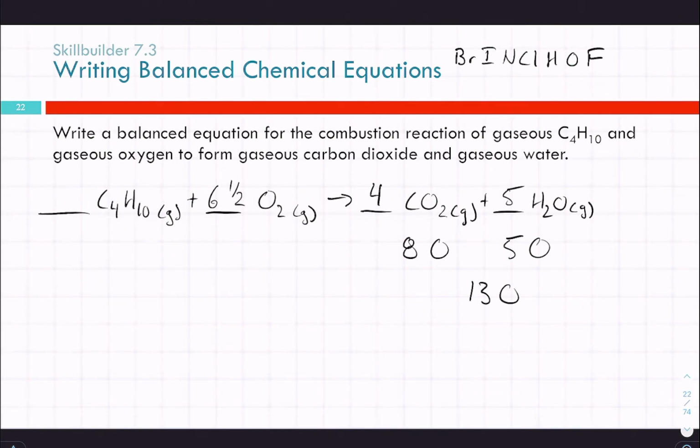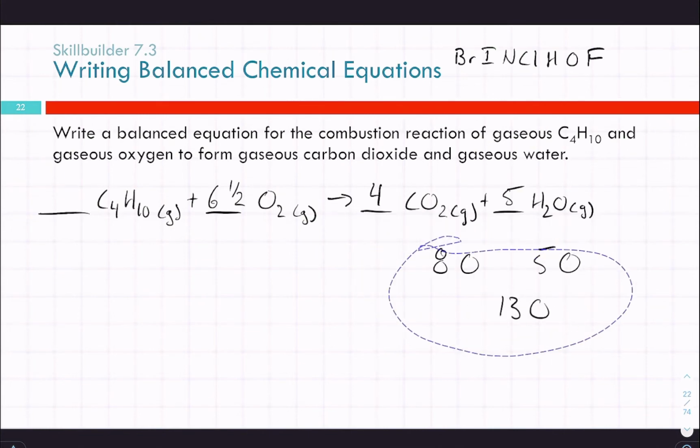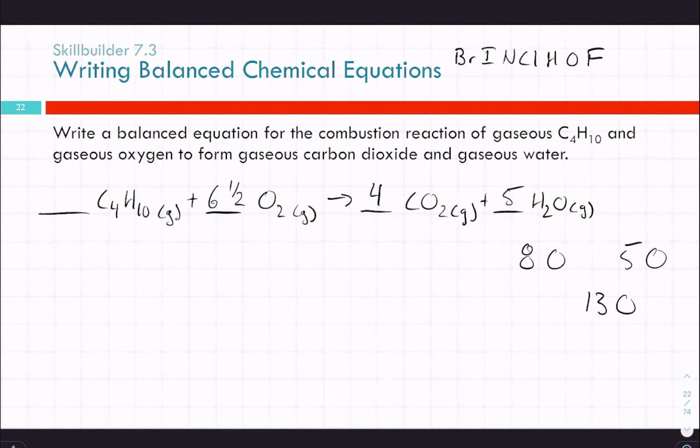So just like with doing empirical formulas, sometimes you get these fractions. That table can also be helpful here. So because we have 0.5 or 1/2, we have to multiply everything by 2. I want to keep both of these on here. So I'm going to rewrite this, but everything multiplied by 2.